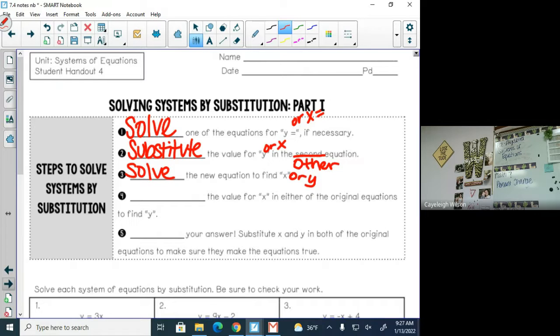You're going to have to solve that and get a variable. Like you'll get x equals 0 or x equals 3 or y equals 7, something. And then the last step is going to be to substitute the value that you just got for x or y in either of the original equations to find y or x.